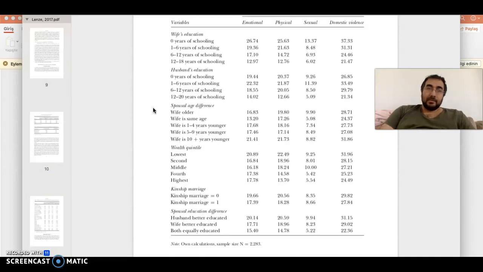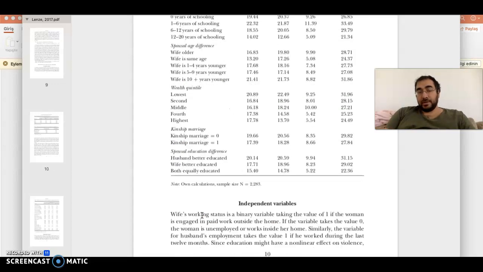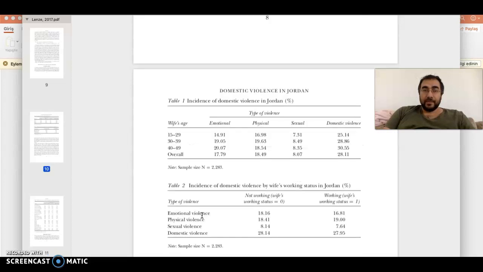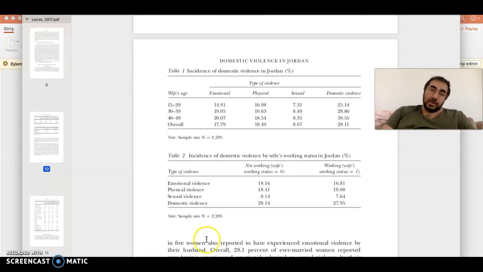These are the variables: wife's education, husband's education, spousal age difference, wealth quintile, kinship marriage, spousal education difference. So age is one thing, and regarding the types of violence, another type of violence, which is emotional violence, is added.